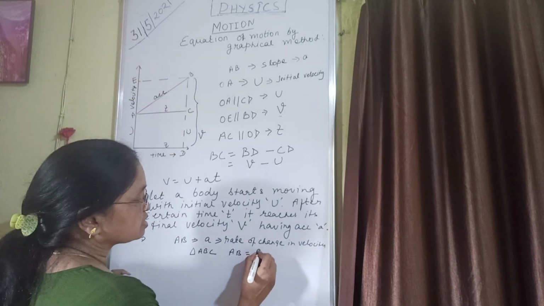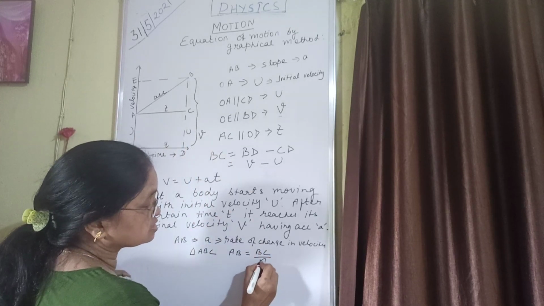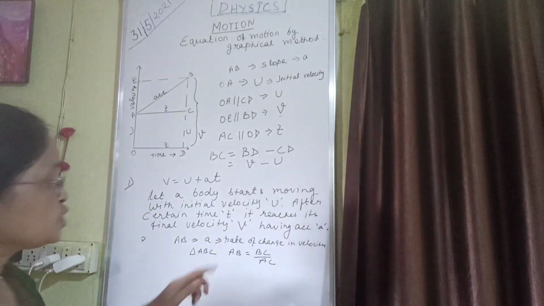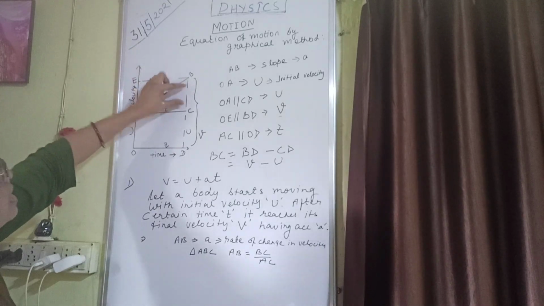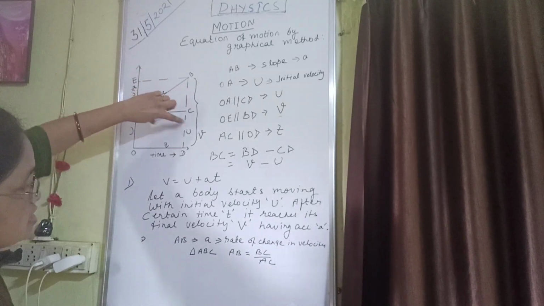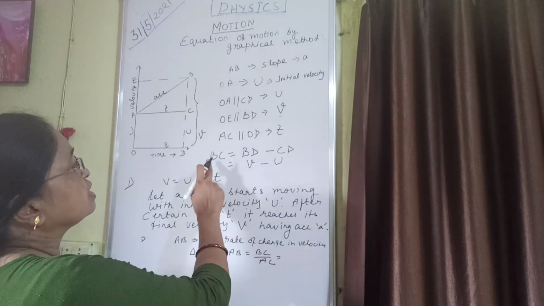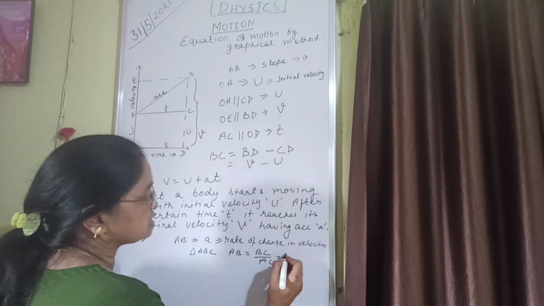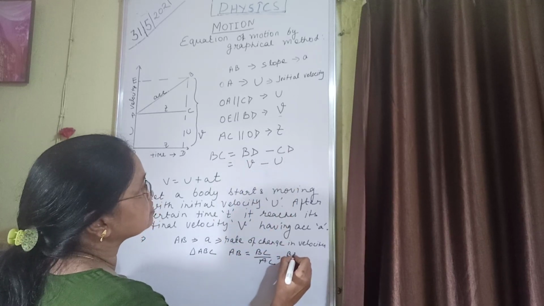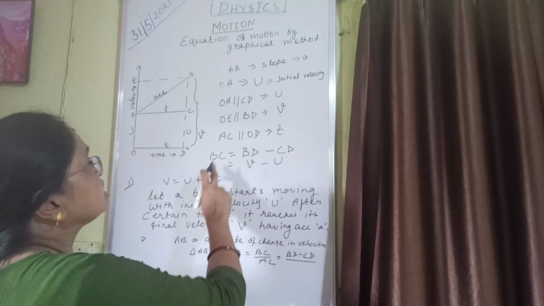So this is BC by AC. This is graphically, students. So AB is equal to BC by AC. What is BC? Just now I have shown you here. BC is V minus U, that is BD minus CD. So here I am writing BD minus CD by AC.